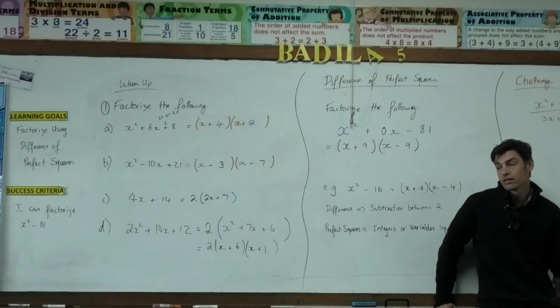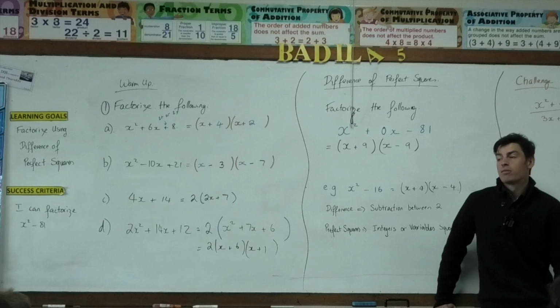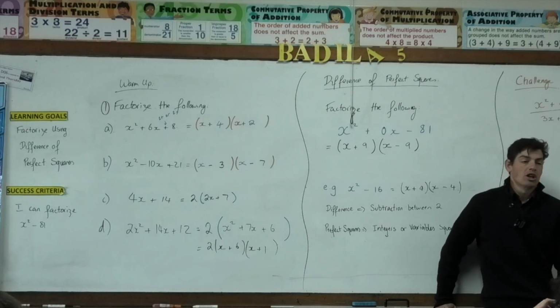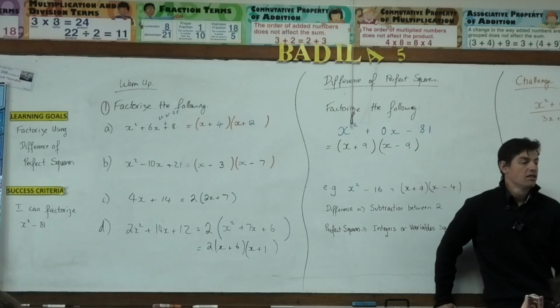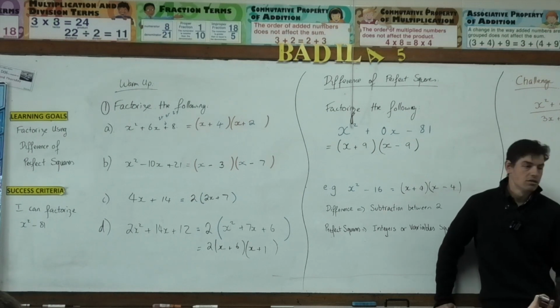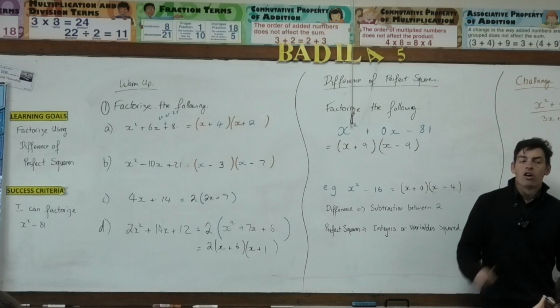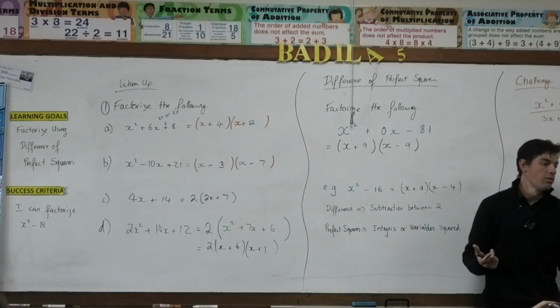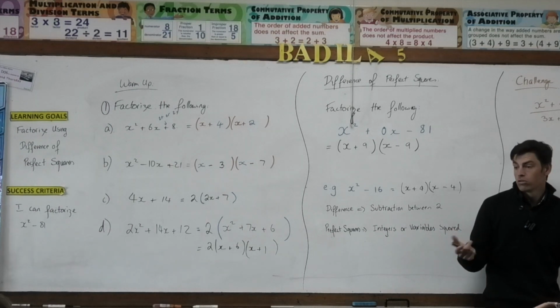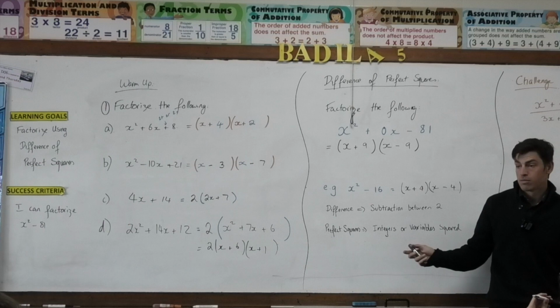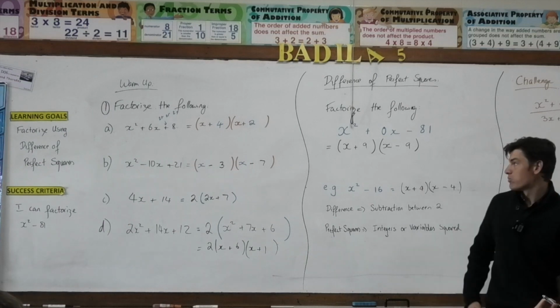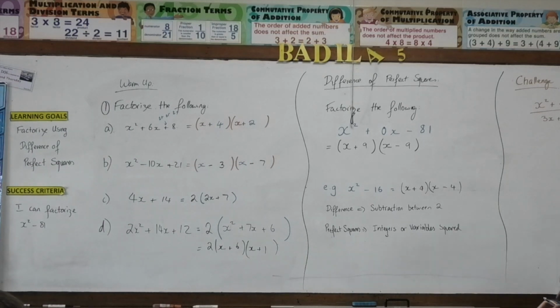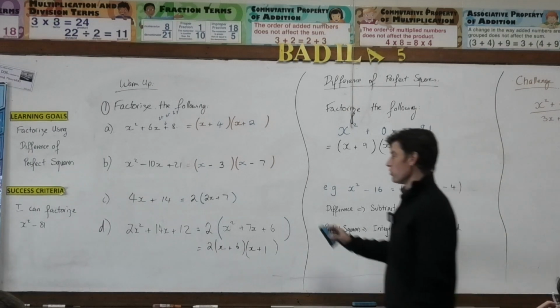A number times by itself. Is 3.2 squared going to give me a perfect square? So what type of number does it have to be? It has to be a whole number. What do we call those? Integer squared. I also said x squared or y squared. What else can be a perfect square number? A letter, a variable, a pronumeral, squared. Does that make sense?